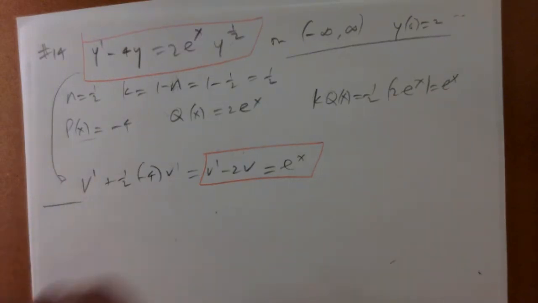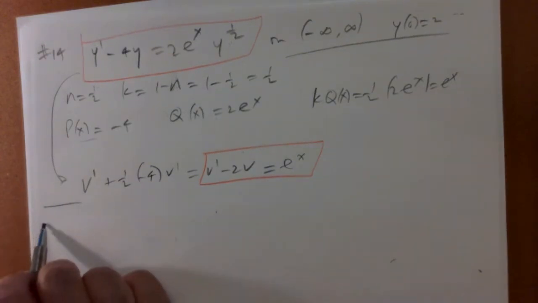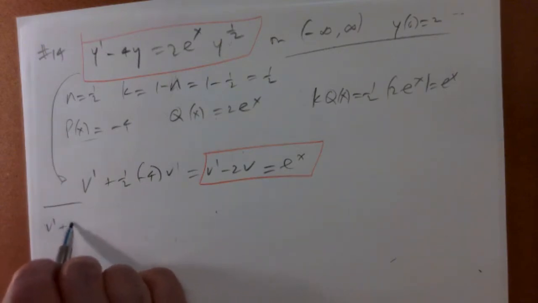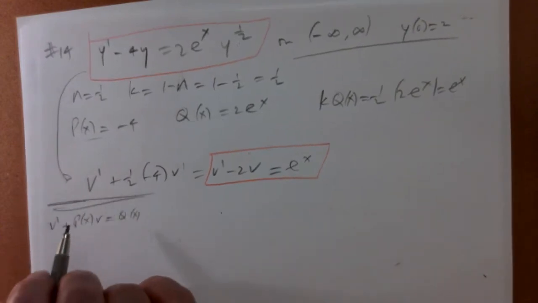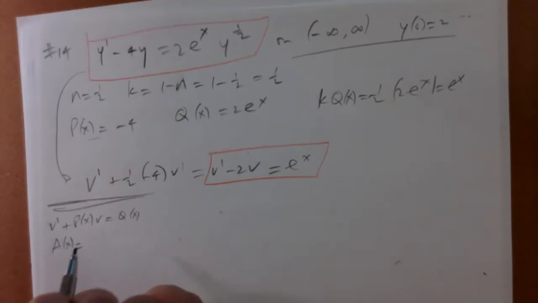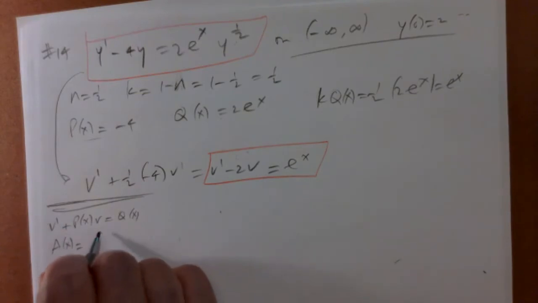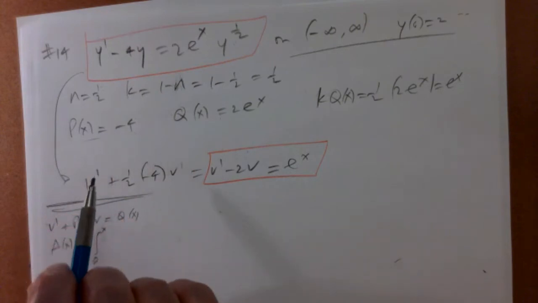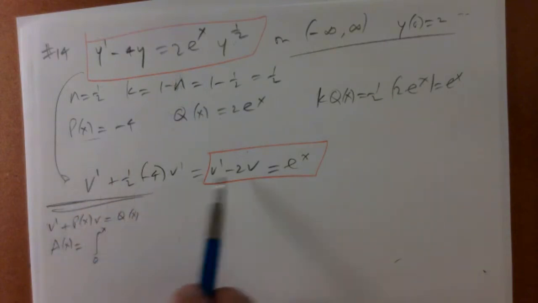Remember, let's just recall. If you have the equation v prime plus p of x v equals q of x, we have the function a of x, which is the integral from 0 to x of p of x dx. p of x is minus 4. Sorry. p of x is minus 2.